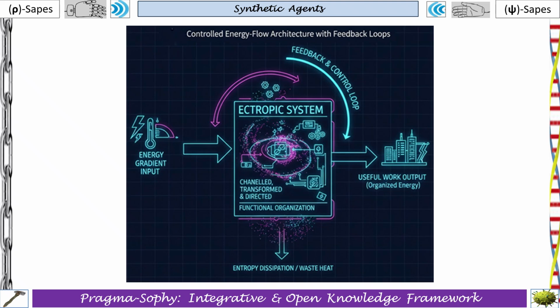The figure shows such controlled energy flow architectures with feedback loops. These systems operate far from equilibrium yet remain stable. Here, the artifact becomes a process. Purpose appears, but it is entirely assigned.